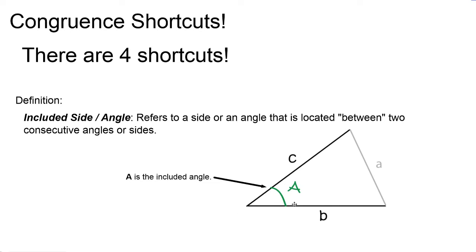You have side C and side B, and angle A is the included angle because it is between both of those sides. Side A is not included in any of these. So angle A is included, but side A would not be included.